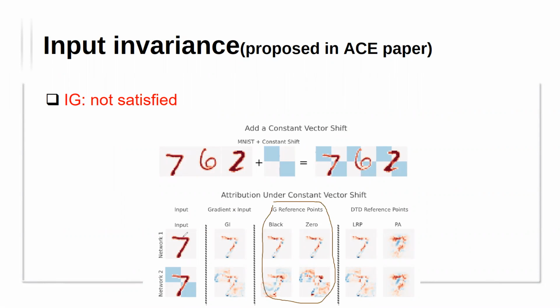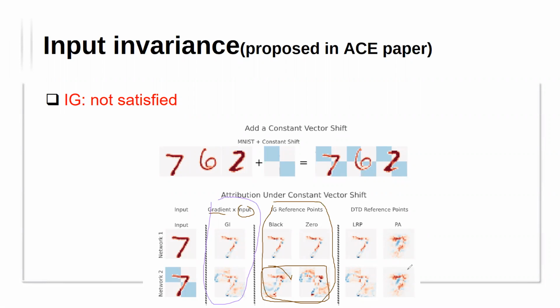So when they add a constant shift to the input 7, then in the second network, the integrated gradient is different from network 1. But the gradient is still different. The gradient? Yeah, this is gradient times input. Okay. So this is different because the input is different now.